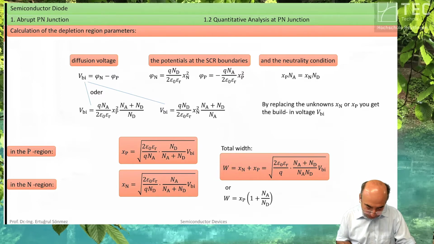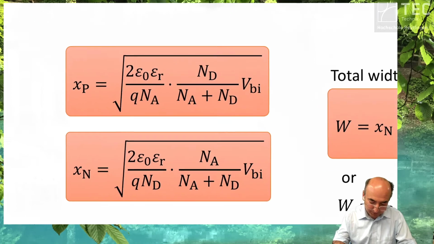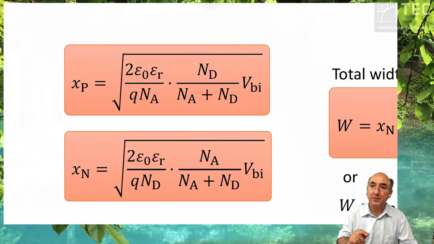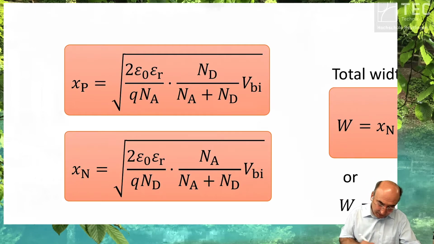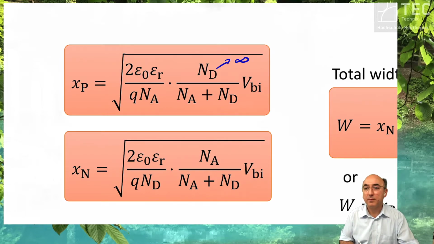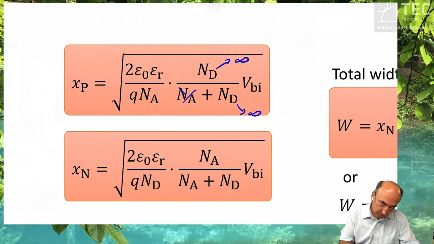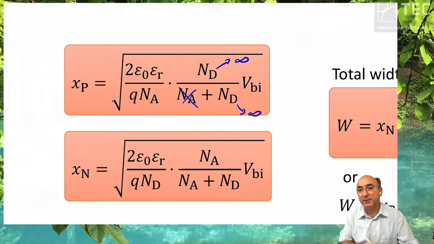Well, now let's take a look at what happens if one side is doped heavily. If one side is doped heavily, then we have, if this goes, for instance, to infinity, and this goes to infinity, then you can take out this plus small value.